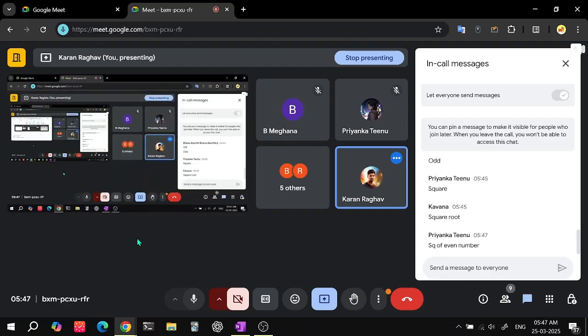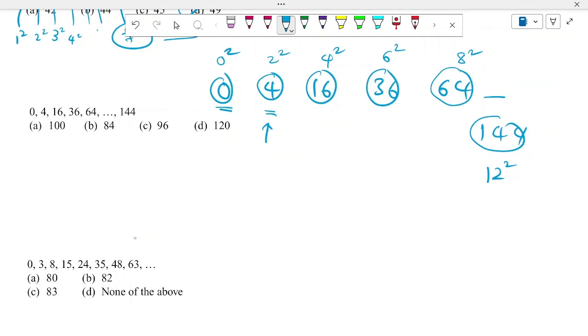So now can you tell me what are they? Squares of even numbers. Yes, they are squares of even numbers. Square of 0, 2, 4, 6, 8. So 10 square will be the answer. That is option A. Fine.